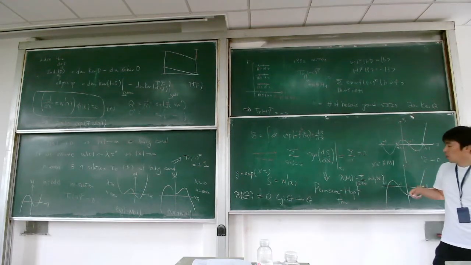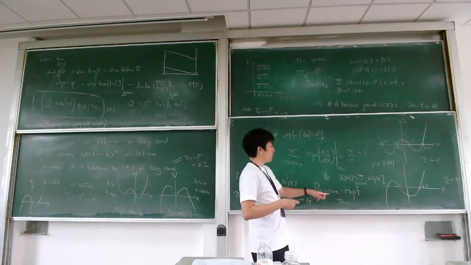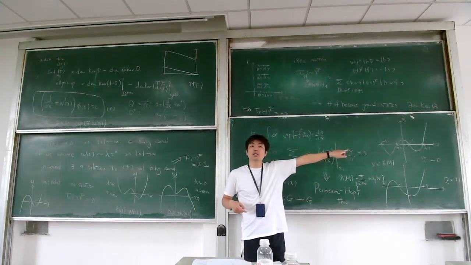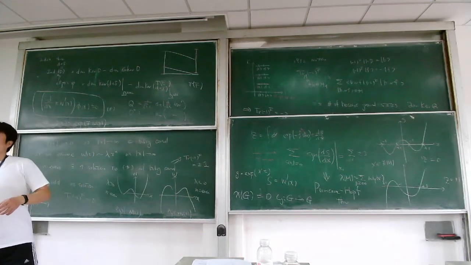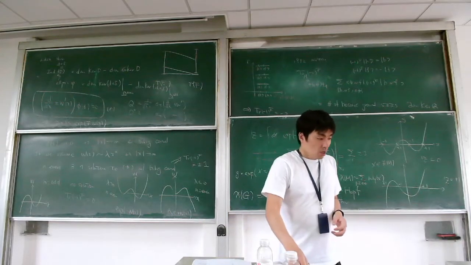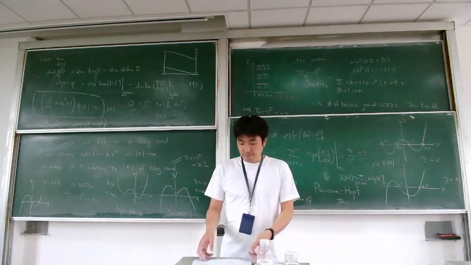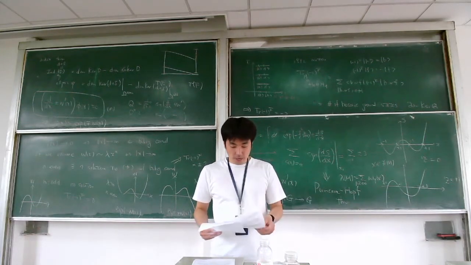So that's the Poincaré-Hopf theorem, and it's very similar to what we have seen in supersymmetric quantum mechanics. That's the connection to the first lecture, and now I can talk about the index theorem a bit more.